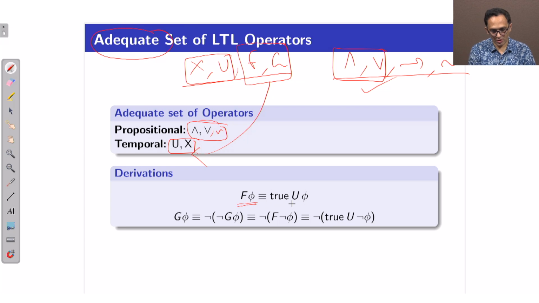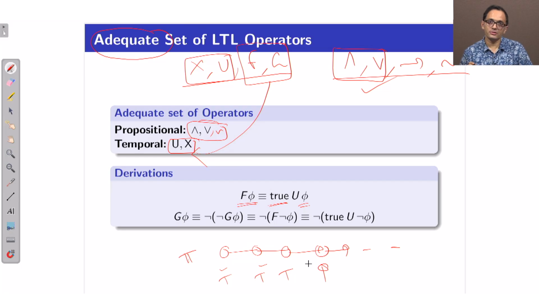In future phi holds means true holds until phi holds. Effectively you are saying that there is a path in which in some future state phi holds. So on this path, true holds here, here, here, until phi holds.